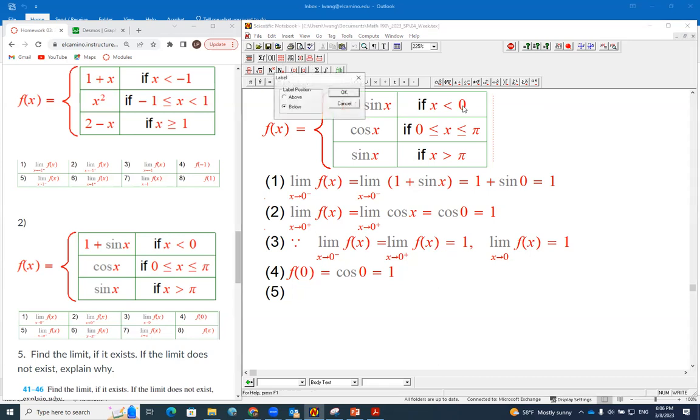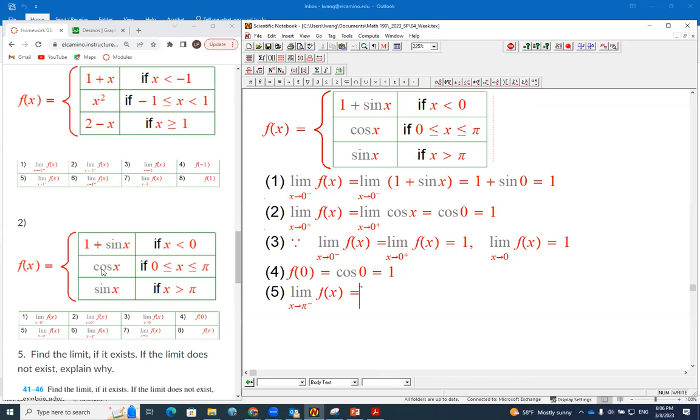So limit as x approaches pi from smaller than pi. You can see these notations are very concise. You see the notation, you know what to look for. That means x less than pi, approaching pi from the left of pi.